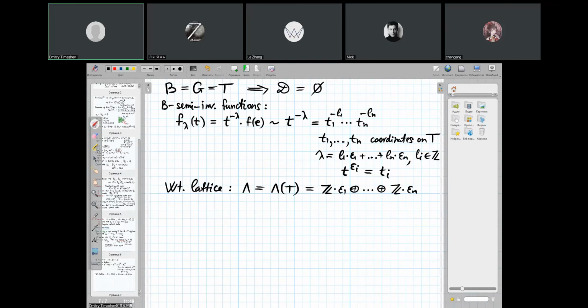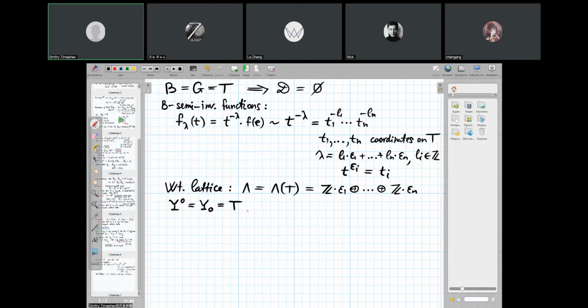So the weight lattice is just the lattice of all characters, and epsilon 1, ..., epsilon n is the basis of this lattice. Now, the open B orbit here is the same as the open G orbit. It is just our torus T.